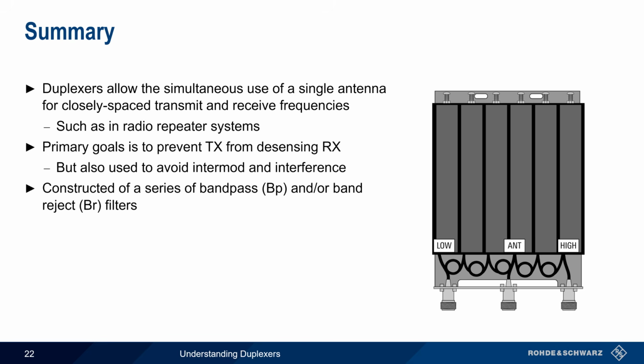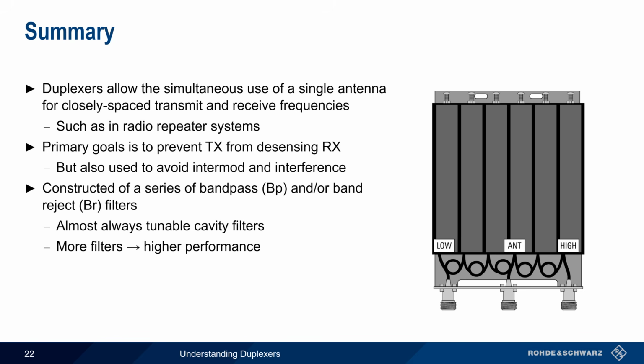Duplexers are constructed as a series of band pass and/or band reject filters. In most cases, these are tunable cavity filters, and multiple filters may be cascaded together to improve performance. Duplexer frequencies must be adjusted to match transmit and receive in a given system, and therefore require tuning.